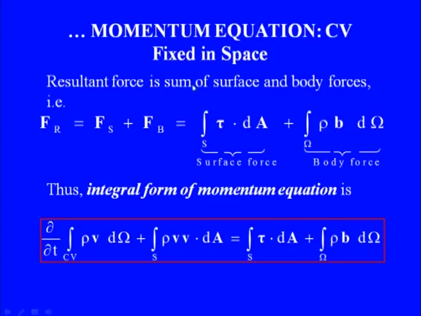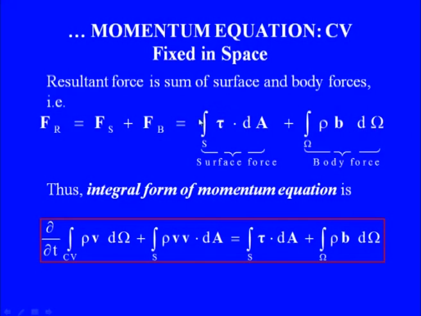Now, as we have already seen, the resultant force which acts on the fluid body is the sum of surface and body forces. So, we can say Fr is Fs plus Fb, or we can represent in terms of the stress tensor that Fs is tau dot dA, surface integral over S, and Fb is the volume integral of rho b d omega.